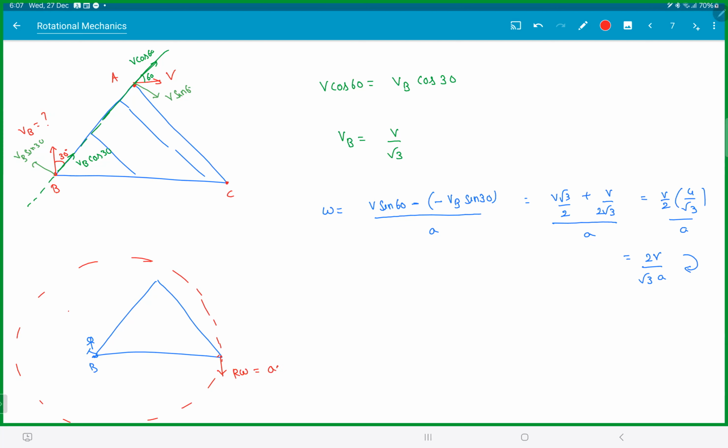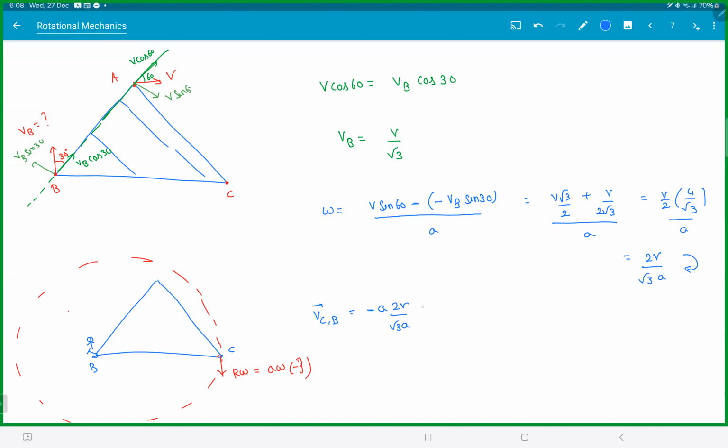In this case, it is A omega minus j cap. Isn't it? That's what B thinks. The velocity of C with respect to B is minus A omega, where omega is 2V by root 3A.